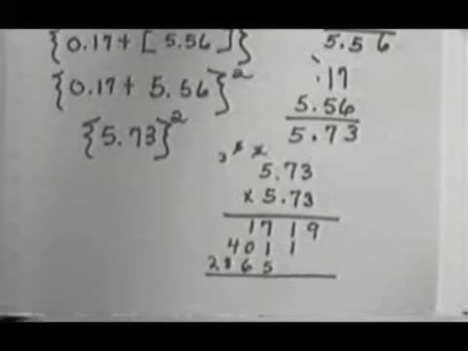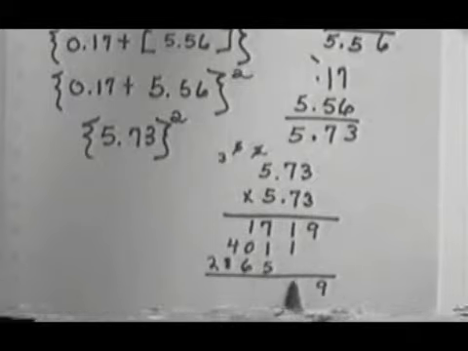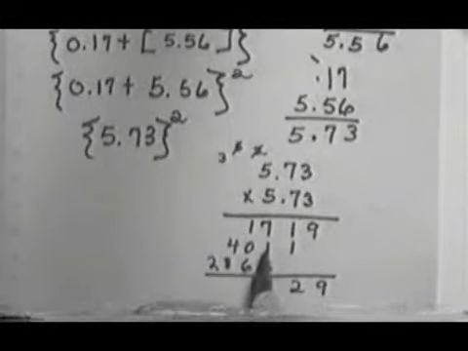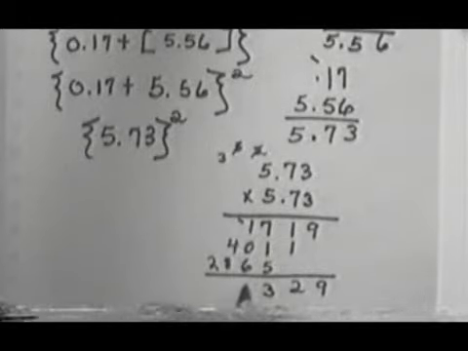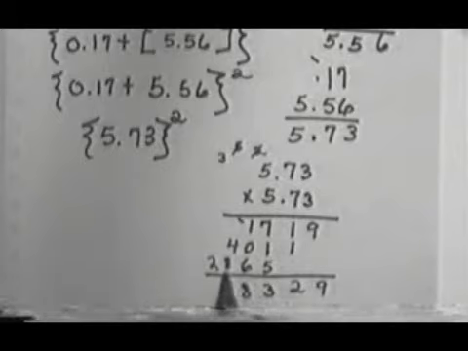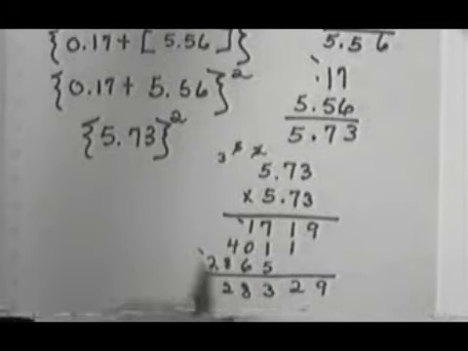So if we add all that up, we have 9, 1 and 1 is 2, 7 and 1 is 8, and 5 is 13. Carry our 1. 1 and 1 is 2, and 6 is 8. 4 and 8 is 12. Carry our 1. 1 and 2 is 3.